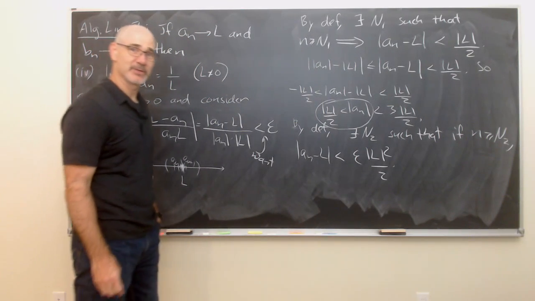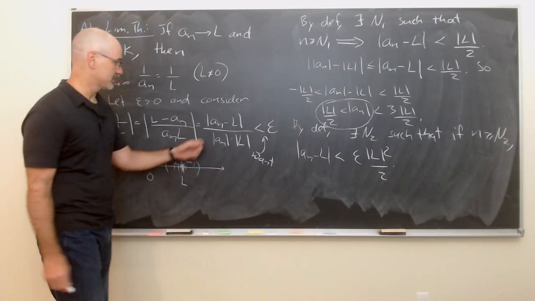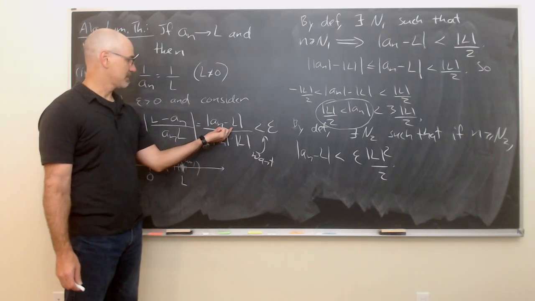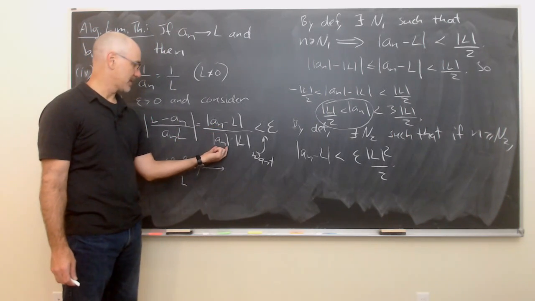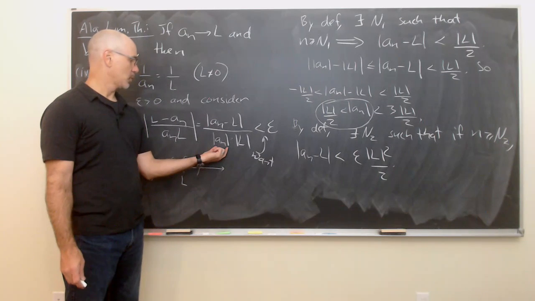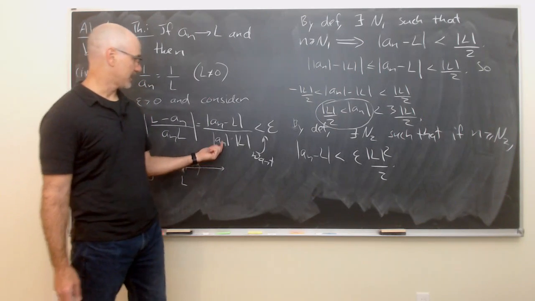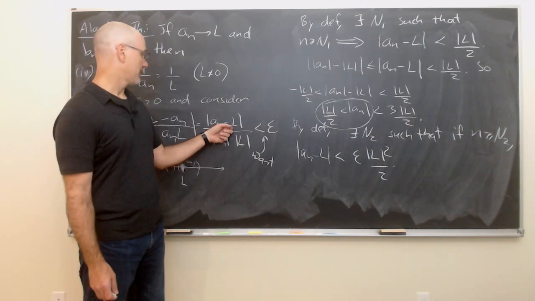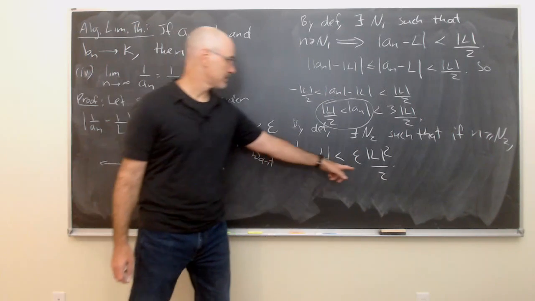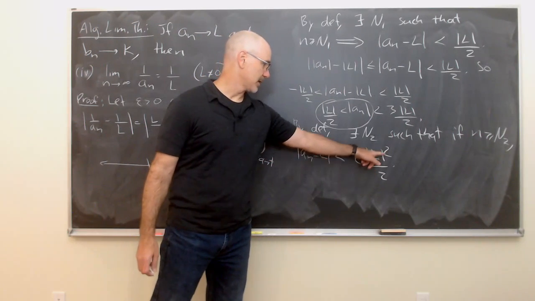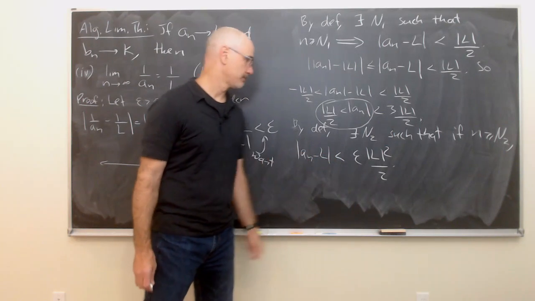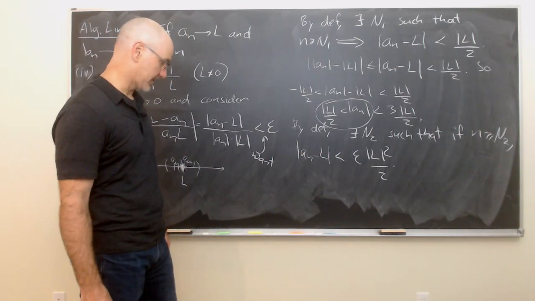Now the reason that turns out to be the right choice is back here. I've got a sub n minus L on top, and on the bottom something that's no smaller than absolute value of L over 2, and so together these things are no smaller than absolute value of L squared over 2. And when I bound the a sub n minus L by this, the L squared over 2's cancel.